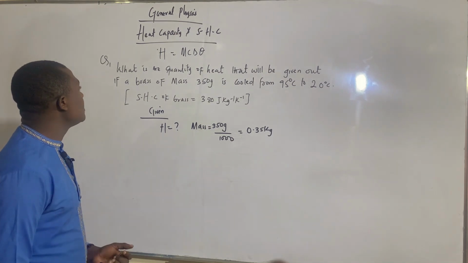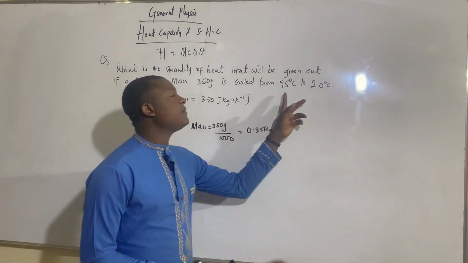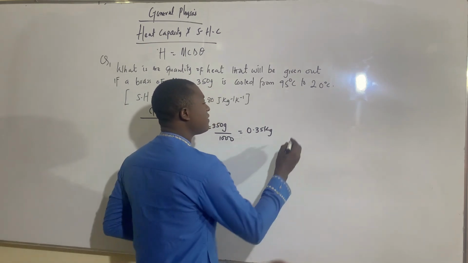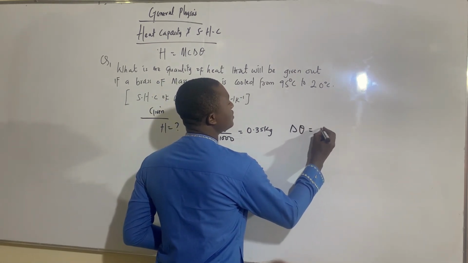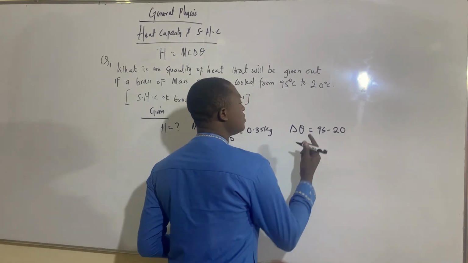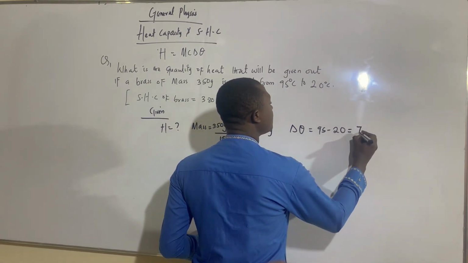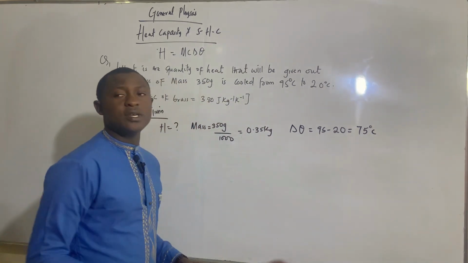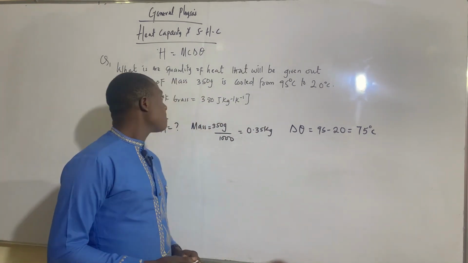Now, they said it's cooled from 95 degrees Celsius to 20 degrees Celsius. That means here we are given two temperatures. I can find the change in theta here to be 95 minus 20. So if I do that, here we are going to have 75 degrees Celsius. I told you here, the conversion doesn't matter.